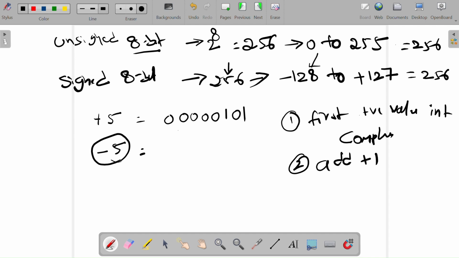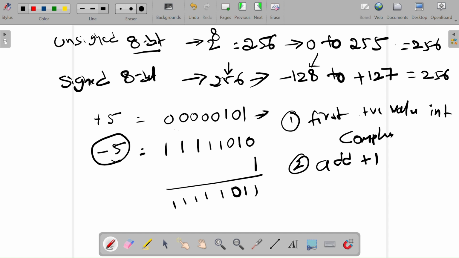Same thing for minus 5: first convert plus 5 into binary, then complement that, then add 1. So the computer treats this bit as the sign bit. Okay, this is a major thing.